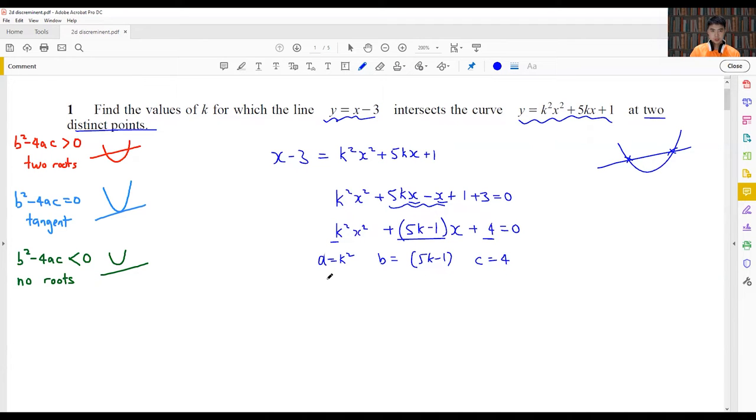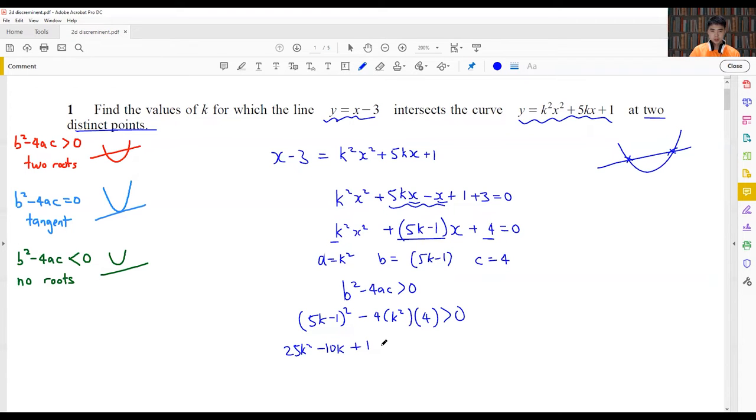Then substitute it into our discriminant formula. b squared minus 4ac is more than 0. So b squared, (5k minus 1) squared, minus 4ac is more than 0. Open up this bracket here. You have 25k squared minus 10k plus 1.